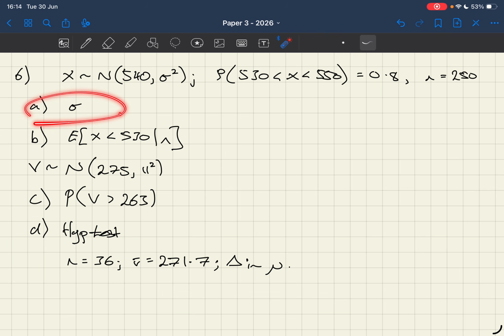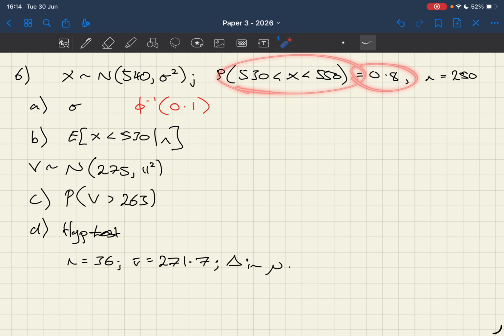Okay, so first, finding this, we're going to need to do the inverse standard normal of 0.4. No, sorry, 0.1. Think of what it means to be the middle 80%. You've got 10% on the left, 80% in the middle, 10% on the right.